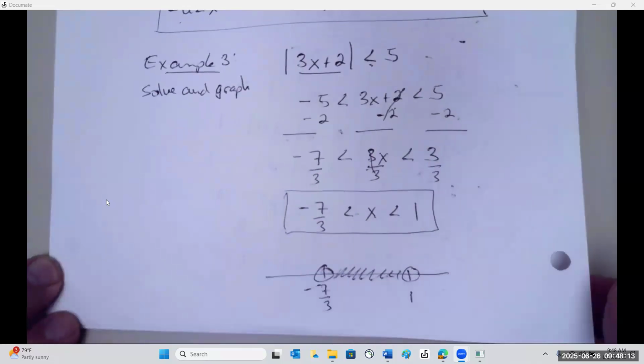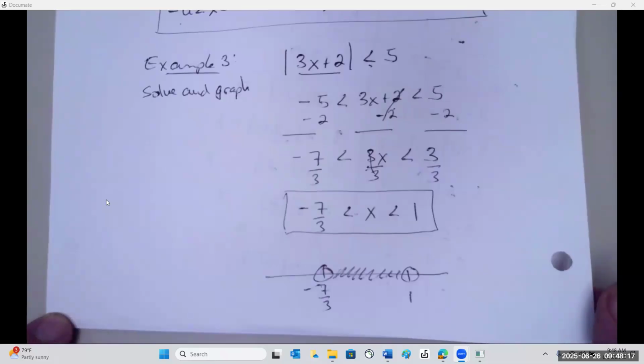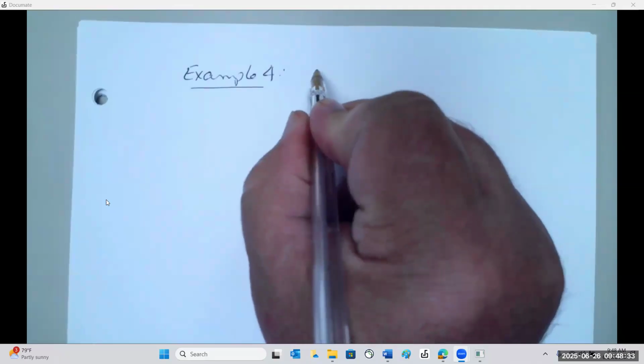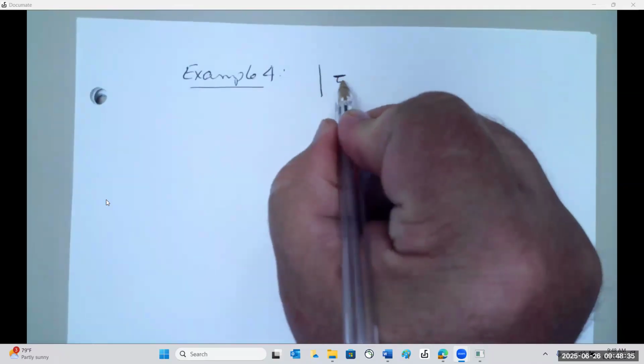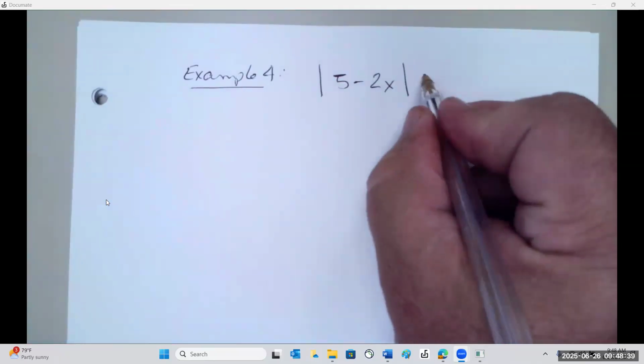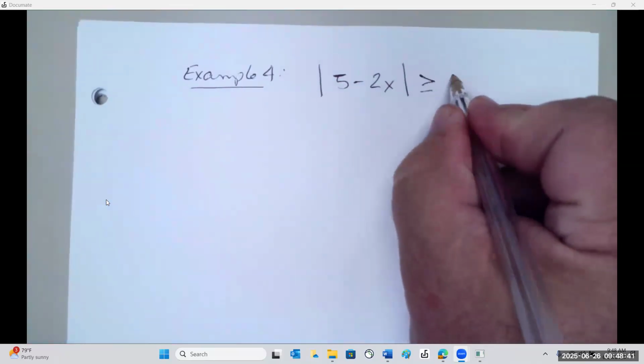All right, the next example. Everybody finished writing? The absolute value of 5 minus 2x is greater than or equal to 1.